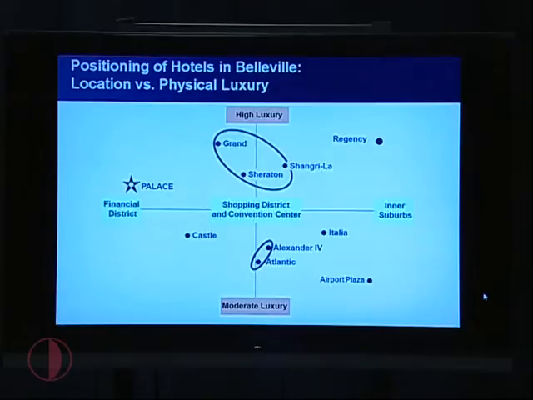And then this is another different way of looking at the hotels in terms of their location and how luxurious they are. And so again, we see the Sheraton very much near the centre. It's a slightly luxurious hotel. It's not in the finance district, it's not in the suburbs. Because again, the position of a hotel is very important. If it's in town, people want it to be absolutely totally in town, especially tourists.